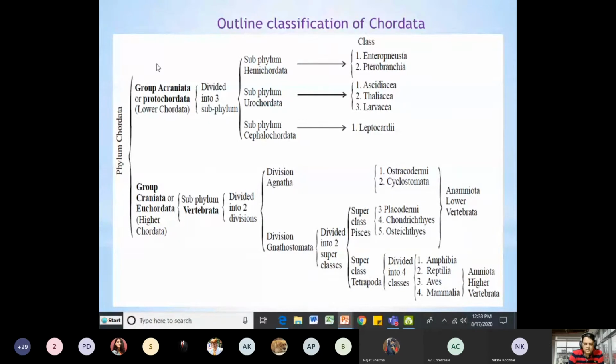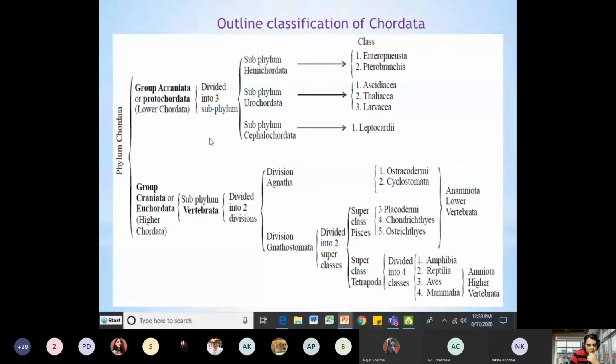So this is an outline of chordate classification, and if we compare it with the classification given by Young, we see that the phylum Chordata is also divided into the groups Acraniata and Craniata.